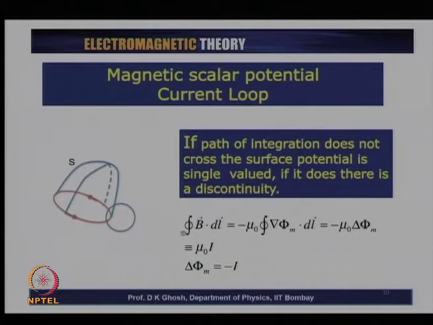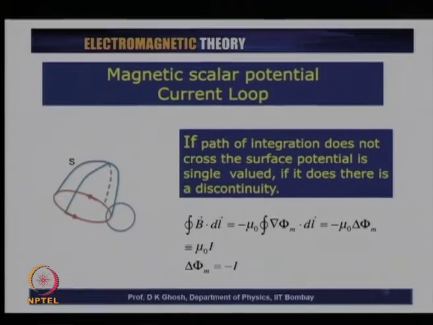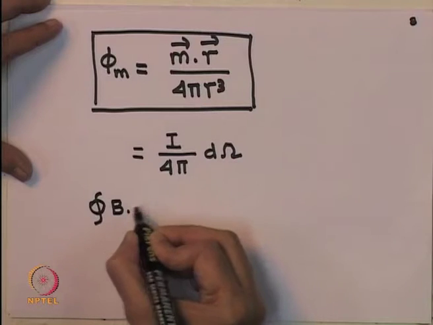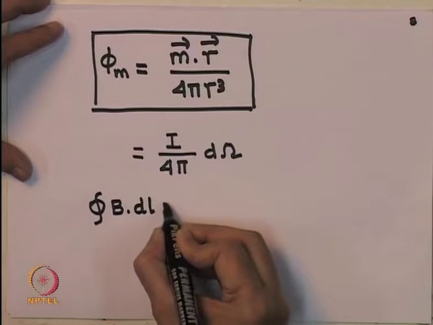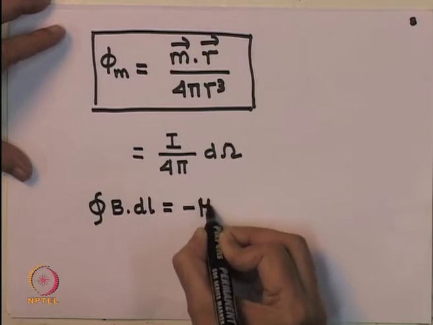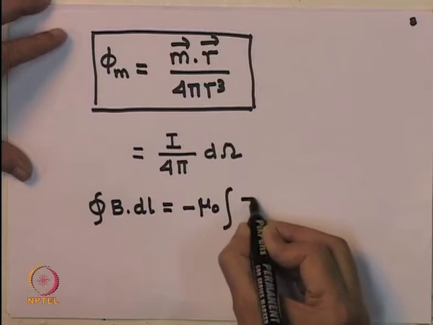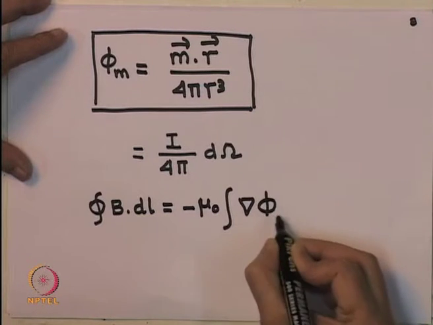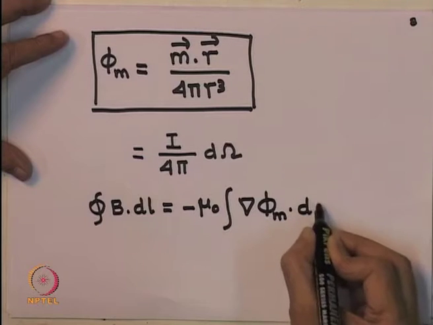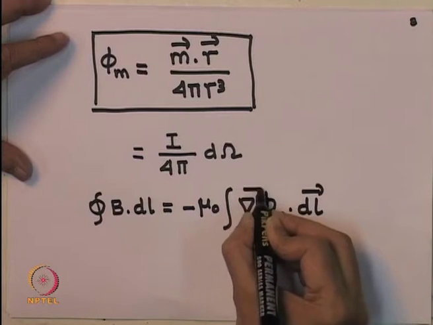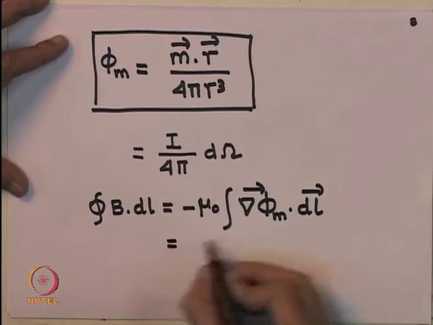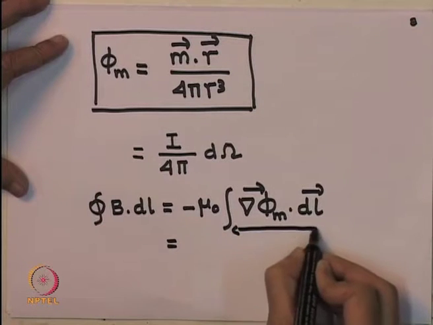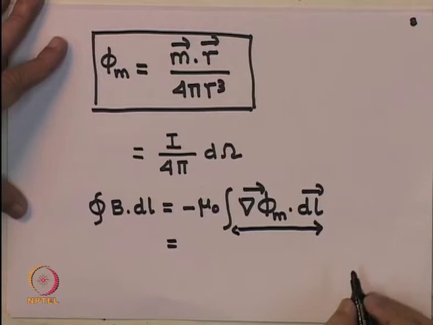Now, this will enable me to write down what will happen to the potential. Now, notice integral b dot dl, let us do it on the paper. Integral b dot dl is equal to minus mu 0 del phi m dot dl. And by fundamental theorem of calculus, this quantity here is nothing but the change in the potential.